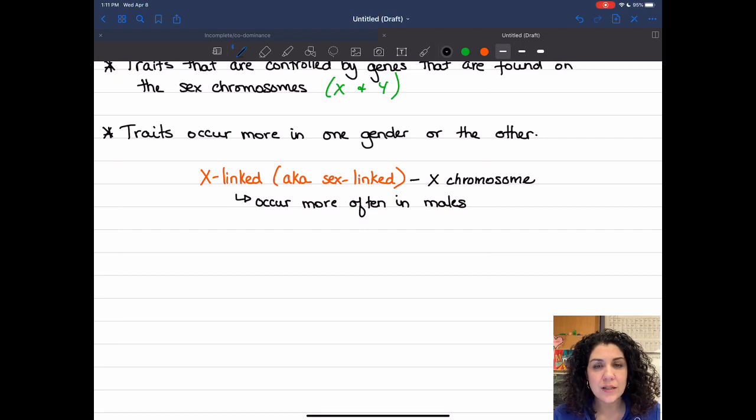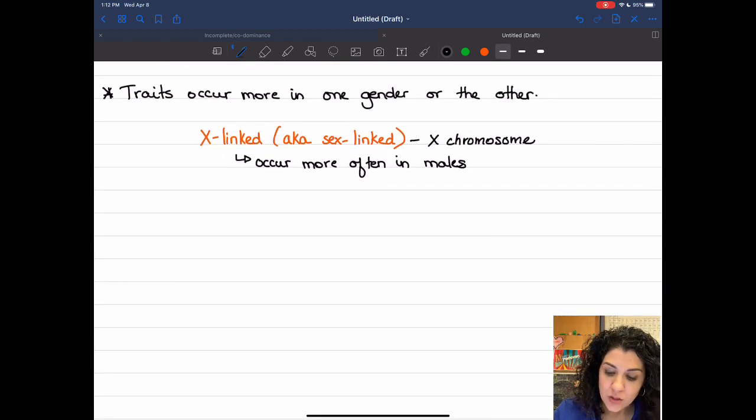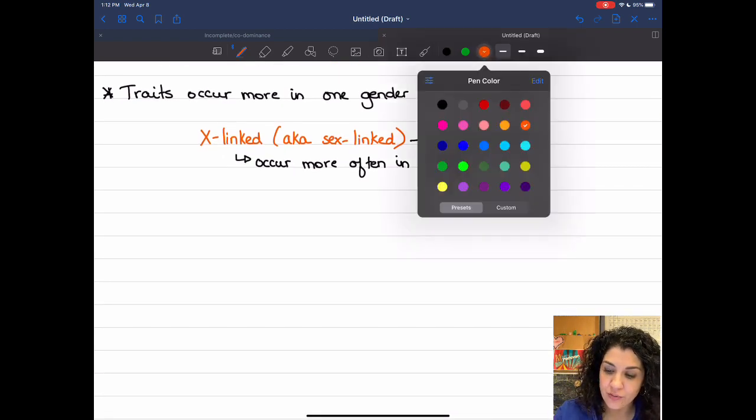So if you have a recessive condition that is passed on the X chromosome, males will only have 1 X, and therefore they will inherit that recessive allele. Females have 2 X's, so even if they inherit that recessive condition on one of their X chromosomes, they still have another one that could inherit the dominant condition and therefore cancel out the recessive one. We'll see an example of that in a cross in just a second. So these are the ones that occur more often in males.